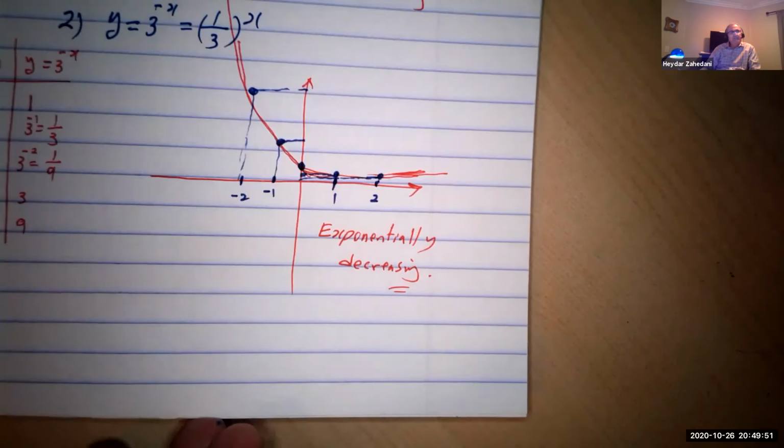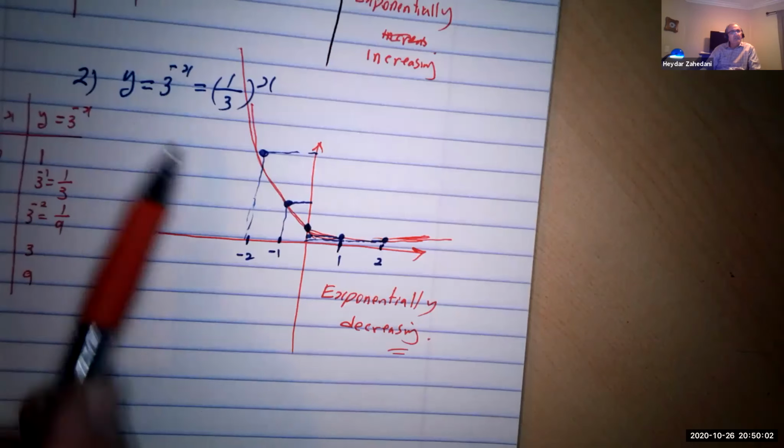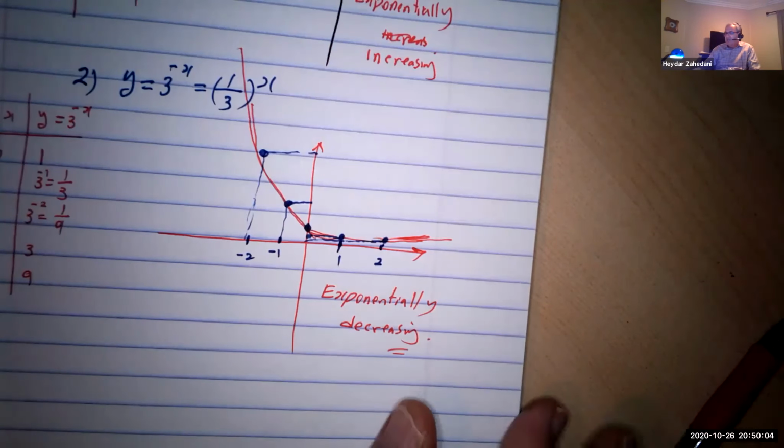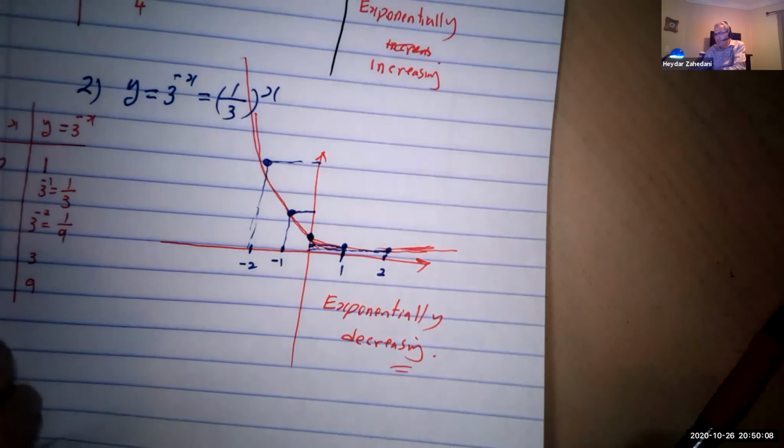Any questions? As you can see, if the base is bigger than 1, it's increasing. If the base is less than 1 or the power is negative, it's going to be decreasing. So I put them together and give you some nice properties that we need to know, and a couple of problems that you have depend on these properties.